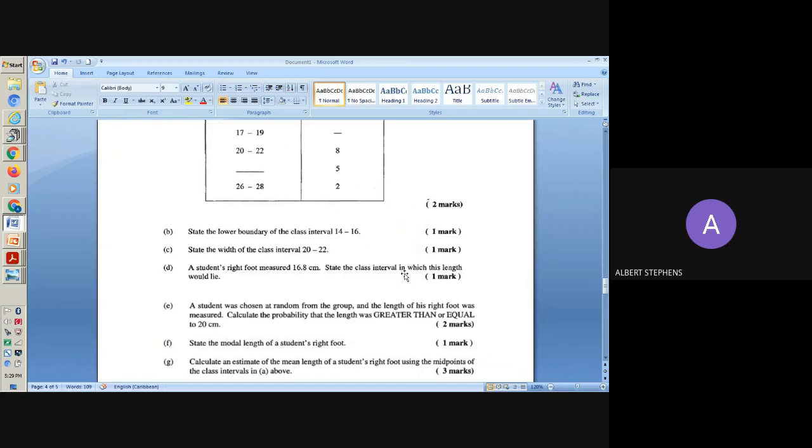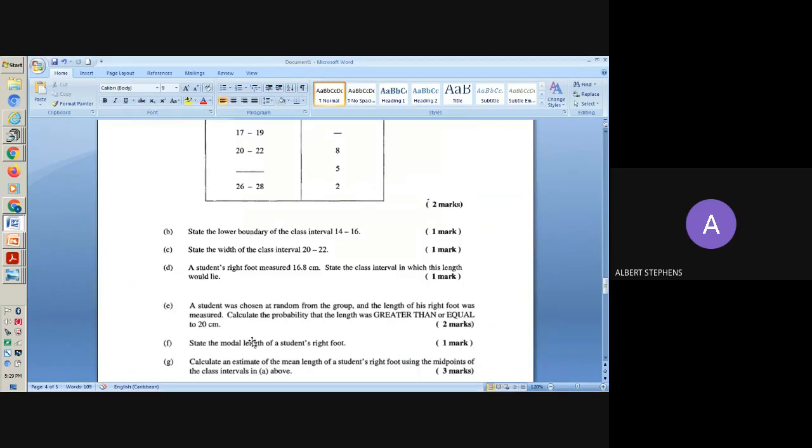I think we answered this already, don't you? State the modal length of a student's right foot. All right. So it would have been what? 20 to what? 22. Well, hold on. This question is a bit off because it just said the modal what?